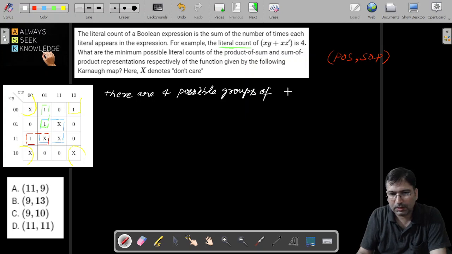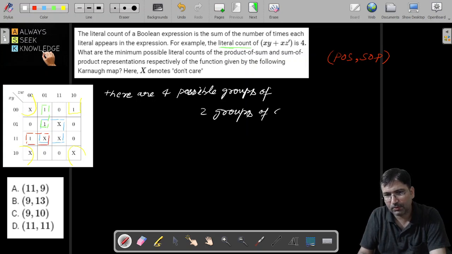So there are 2 groups of 4 cells and 2 groups of 2 cells.